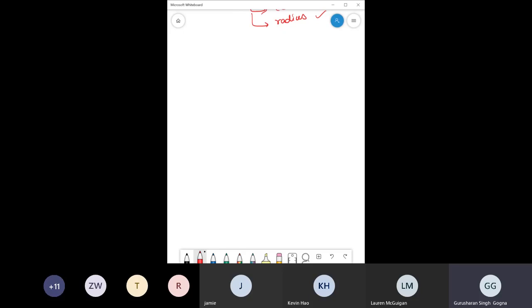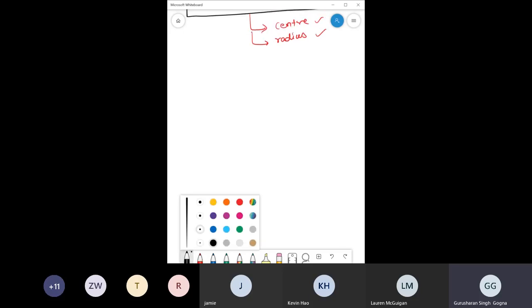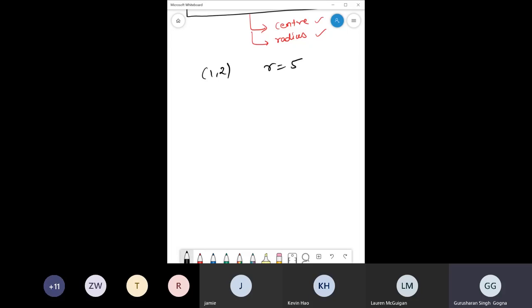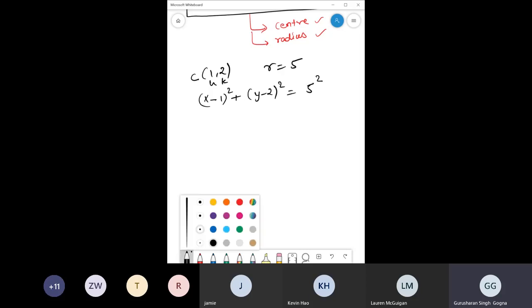Now, let's say I want to find out the equation of the circle with some center, let's say 1, 2, and radius is 5. This is the center, this is the radius. So I can substitute in the formula. Let's say this is h comma k then. So (x minus 1) whole square plus (y minus 2) whole square equals the square of the radius, which is 5 square.